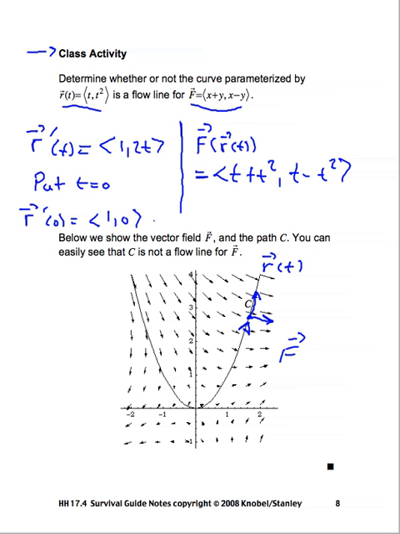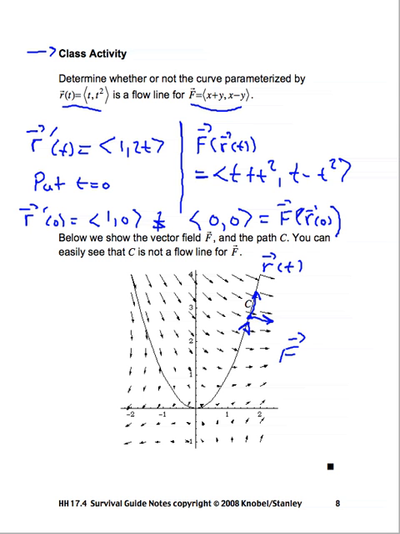And that's not going to equal f of r of t when t equals 0. When t equals 0 on f, we get 0, 0, which is equal to f of r of 0.